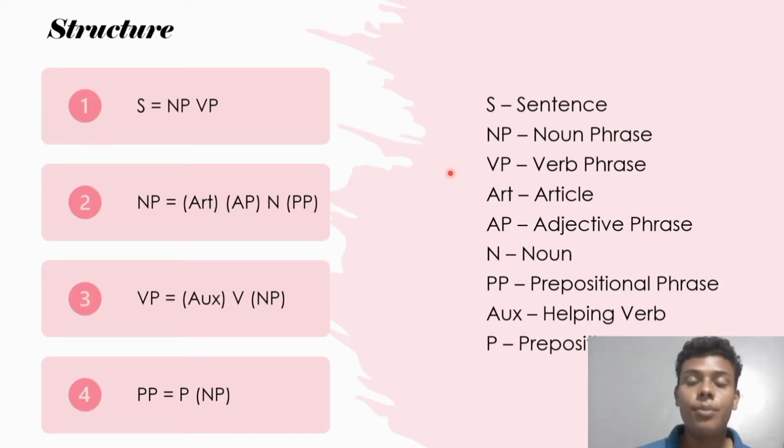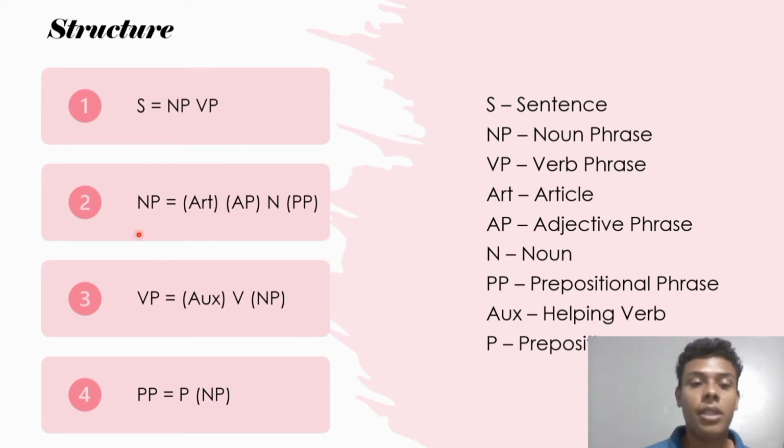This is the most important part in tree diagrams because here it explains what we need to understand in order to make tree diagrams. As you can see, this part shows what is abbreviated here. A sentence needs a noun phrase and a verbal phrase.